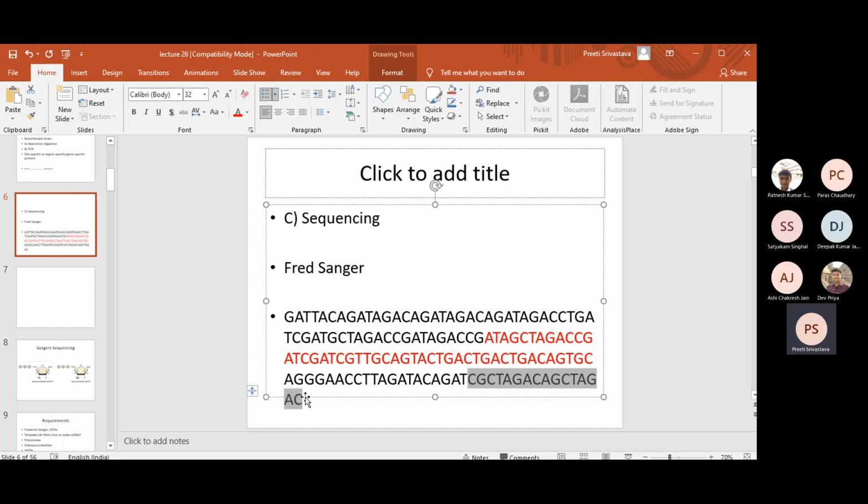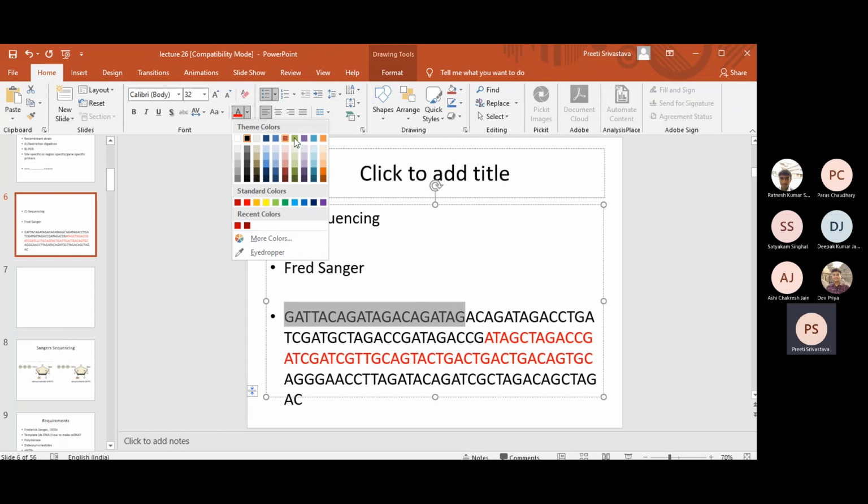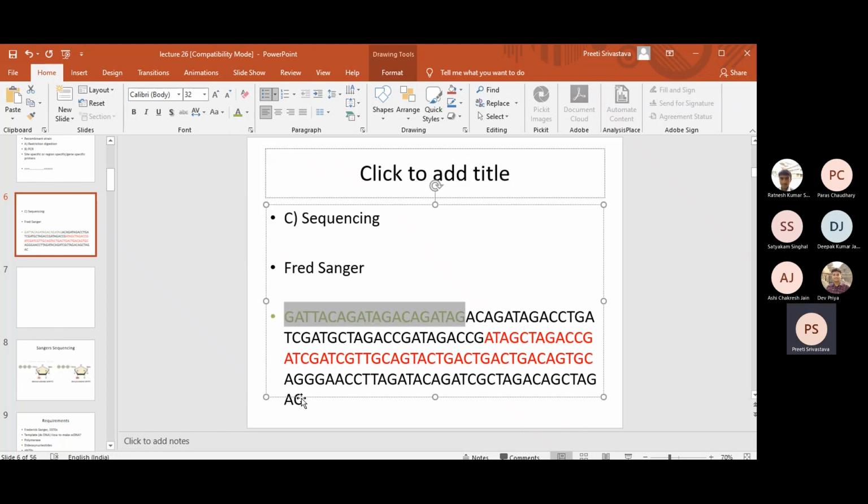So when you use this primer, maybe I'll have to change the color. Okay. So for example, one primer set is this. One primer set is this.